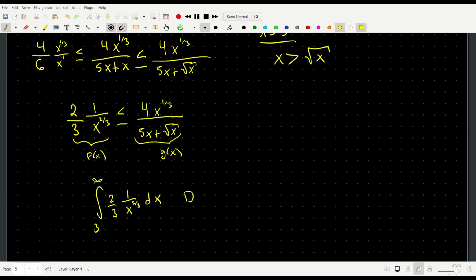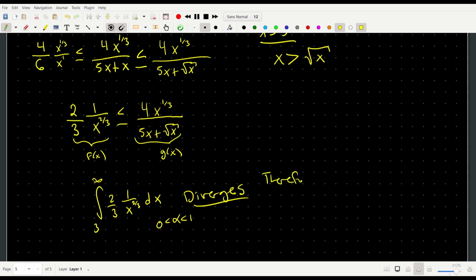We know that this is going to diverge because we're integrating from 3 to infinity, and the alpha value is between 0 and 1. So it's 2/3, which is between 0 and 1.